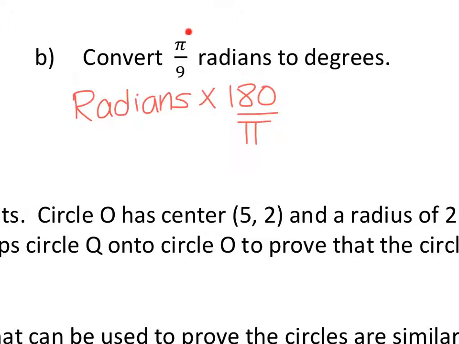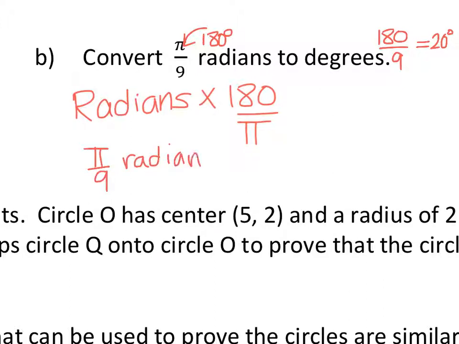So if I substitute 180 for pi, what will I get? I will get 180 over 9. Now let's divide that on the calculator. 180 divided by 9, what does that give you? 20 degrees. So then pi over 9 radians is equal to 20 degrees.